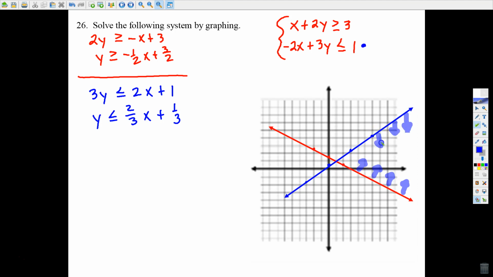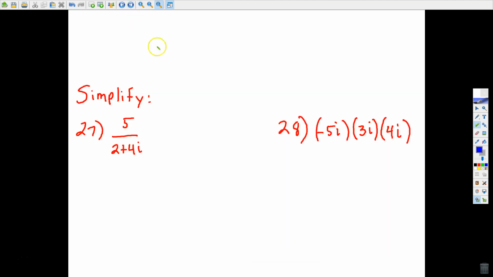And the solution to these linear inequality problems will be the graph, and it's where the two shadings combine. So the answer is going to be this shaded area where the red and the blue shadings meet. Greater than means above the line, less than means below. And there's your answer for number 26.